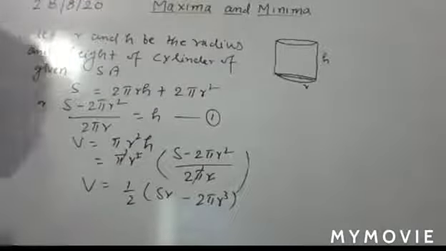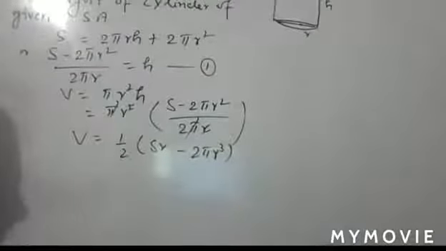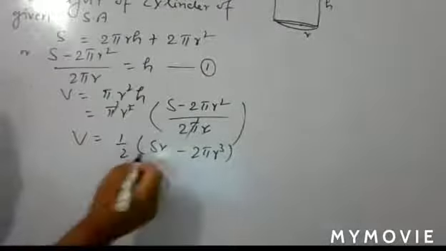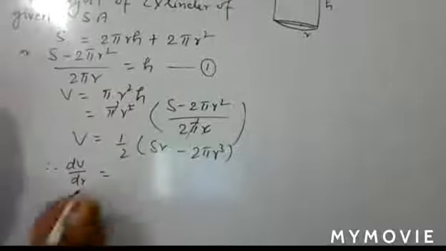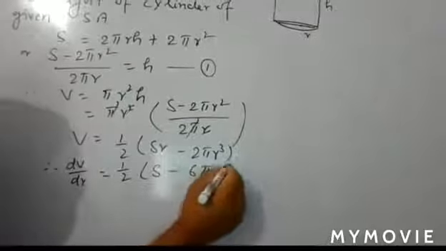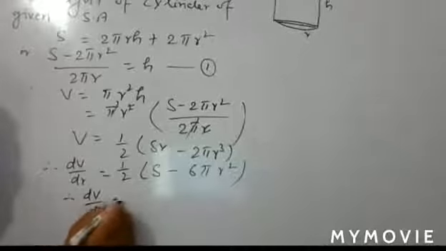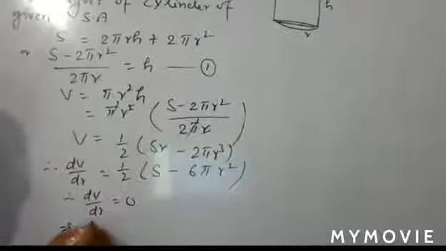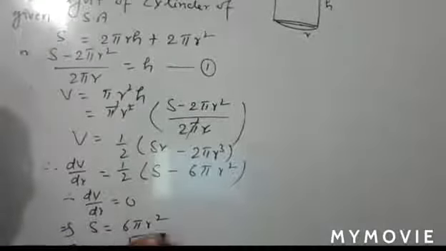Now you take its differentiation, the first derivative and second derivative, and check its sign, applying all that method here. So dV by dr is equal to 1 upon 2 into S minus 6 pi r square. dV by dr equal to 0 implies S is equal to 6 pi r square, or r is equal to under root S upon 6 pi.